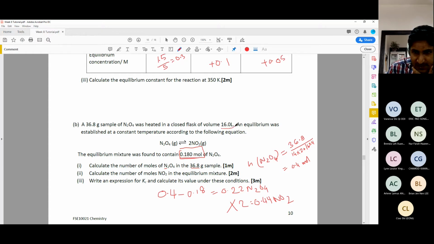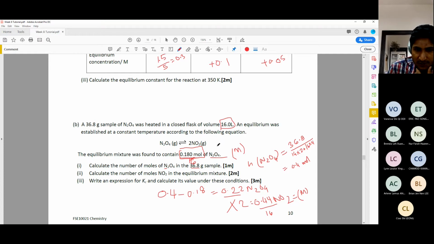It is in 16 liters, so we divide 0.44 by 16 liters to get the mole per liter, that's molarity, of nitrogen dioxide.